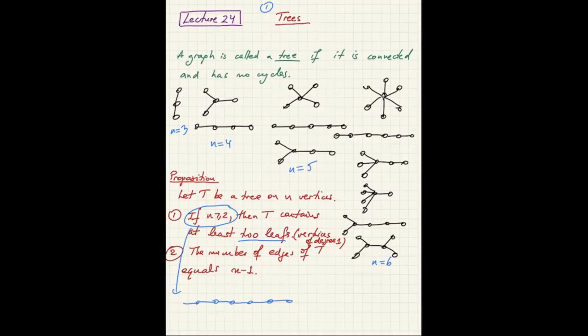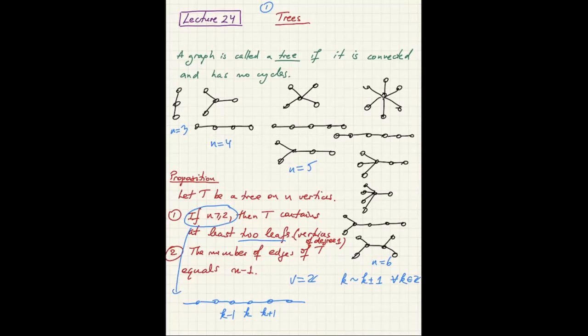So the integer k is adjacent to k plus 1 and to k minus 1, for any integer k. This graph has an infinite number of vertices. It doesn't have any cycles, and it's connected, but it doesn't contain any leaves.